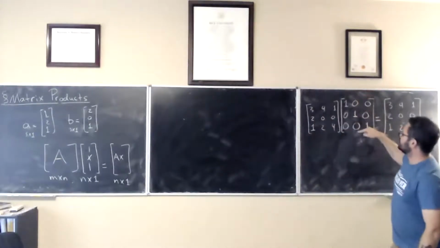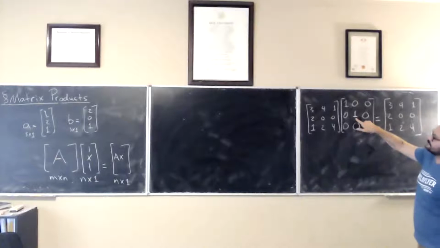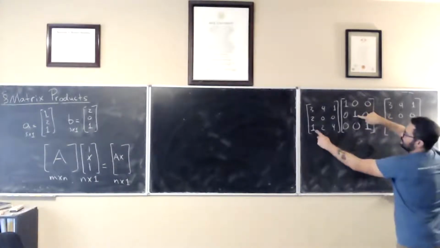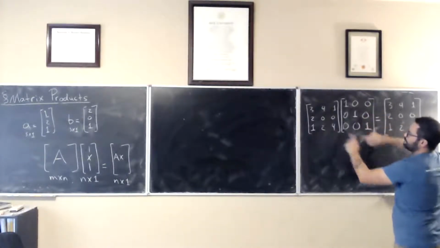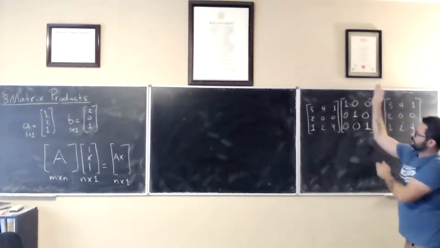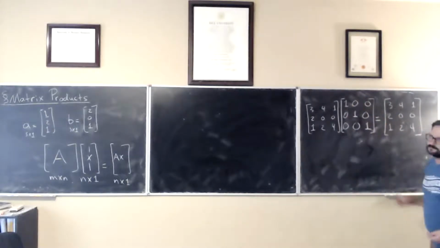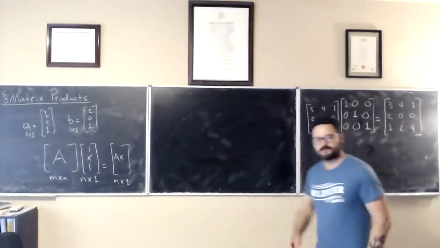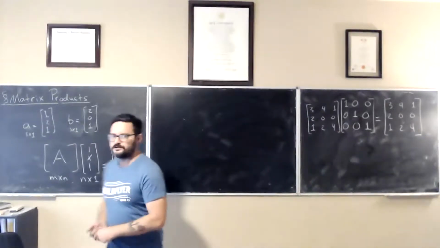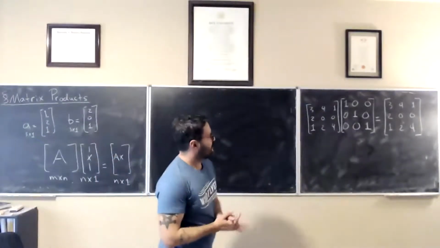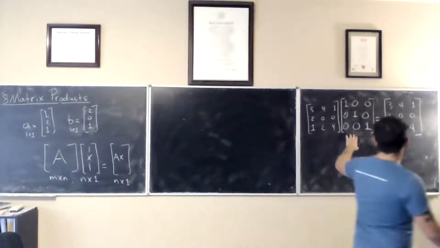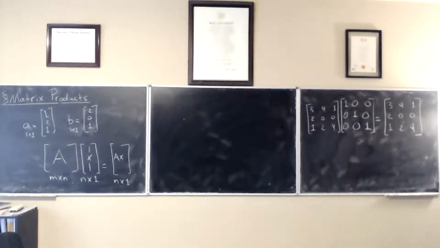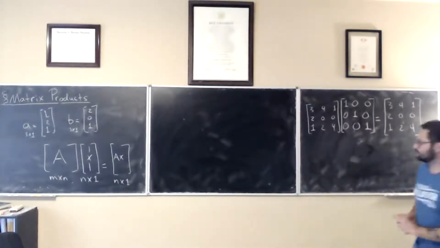This vector is picking out the second column: 0 of that plus 1 of that plus 0 of that. This vector is picking out the last one. So this is why these types of matrices are called the identity matrix, because when you multiply by an identity matrix, you get back the original matrix.